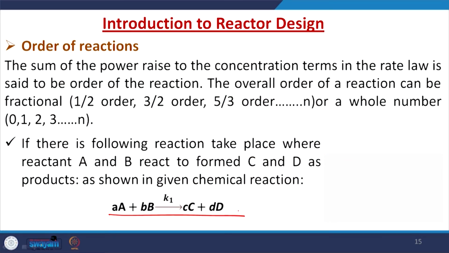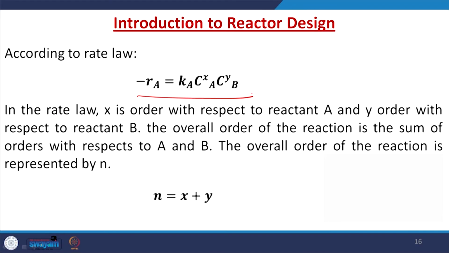Let us take an example where reactants A and B react together to form C and D. This reaction is represented with its corresponding stoichiometric numbers. According to the rate law, you can represent this as minus Ra is equal to Ka Ca to the power x Cb to the power y.